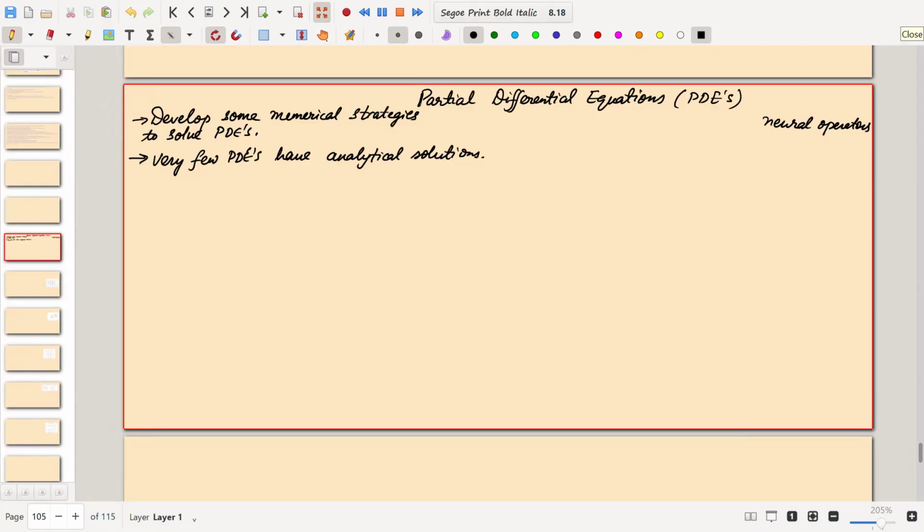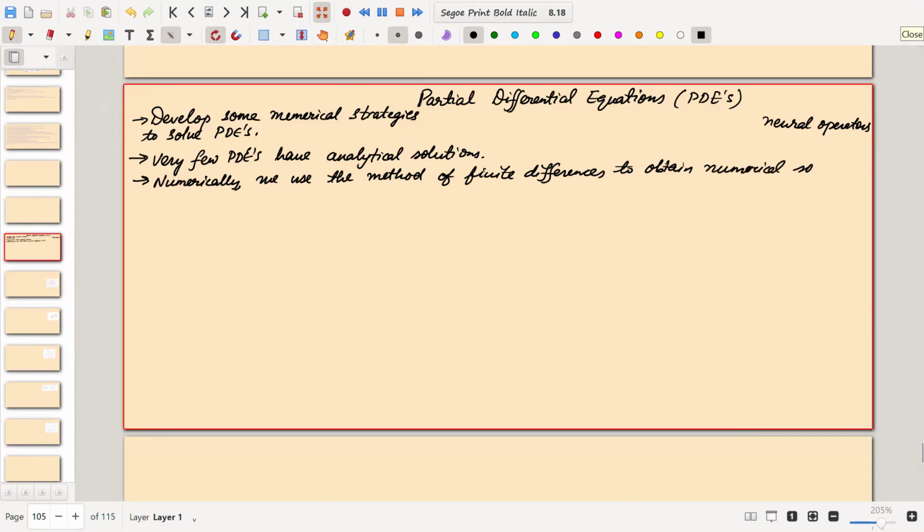Okay. So fine. To solve it numerically, we use the method of finite differences to obtain numerical solutions. Okay. Fine.